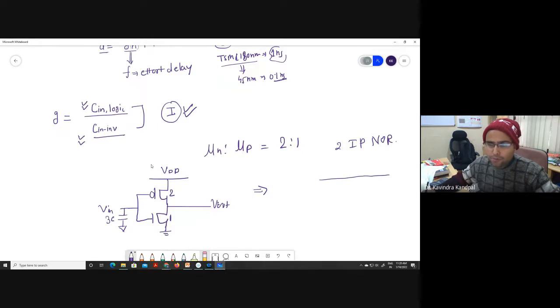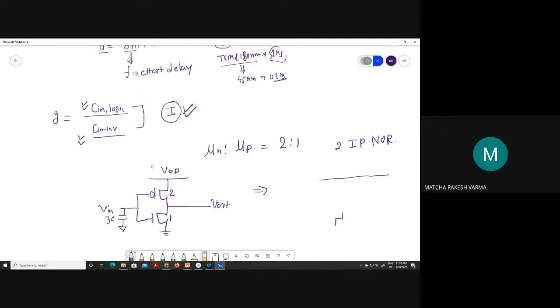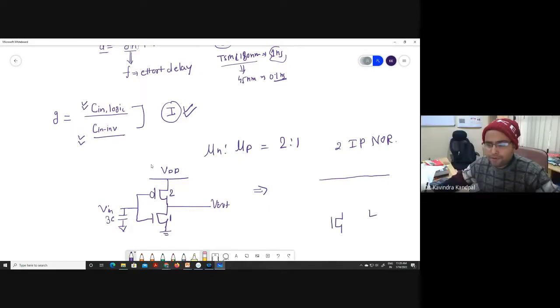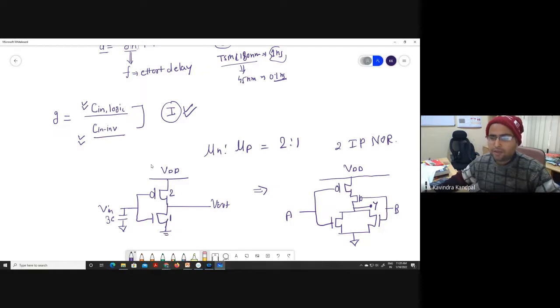NMOS will be in parallel, and PMOSes will be in series. Let's say this is the input A, this is input B, then this is the VDD, this is the ground, and here you have the output Y.